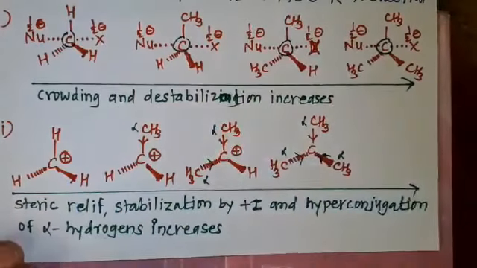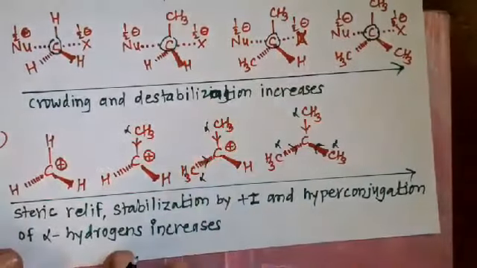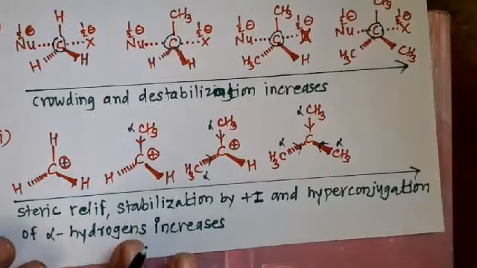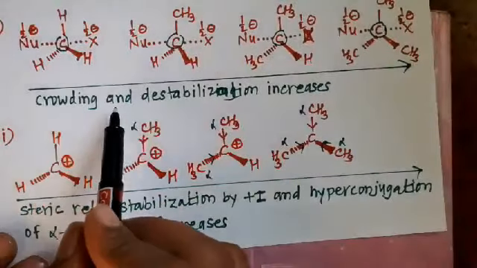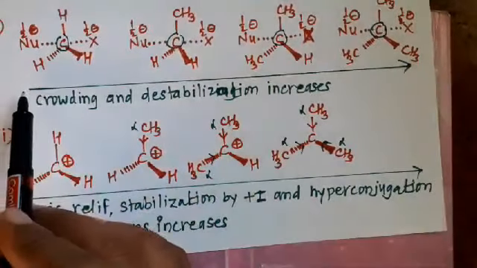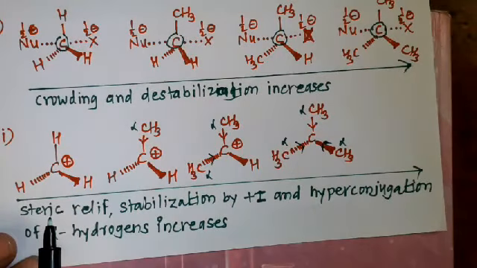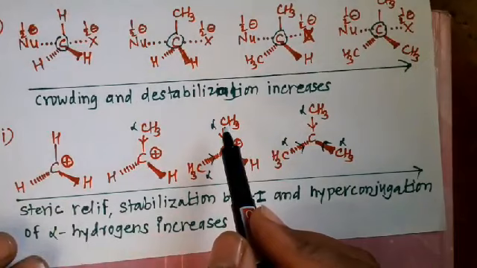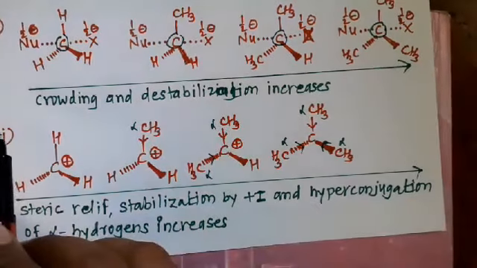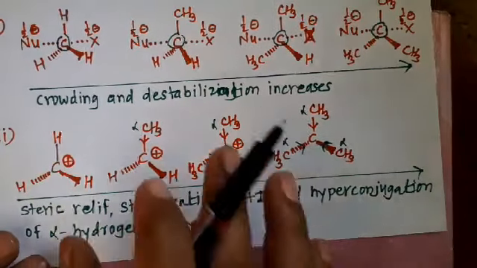In the four structures, each carbon has pentavalency, and we know that crowding and destabilization increase. Here from left to right, as crowding increases, the destabilization also increases. Means as crowding increases, stability decreases.